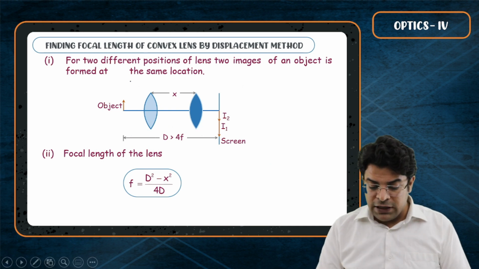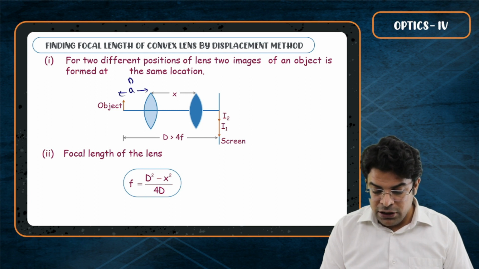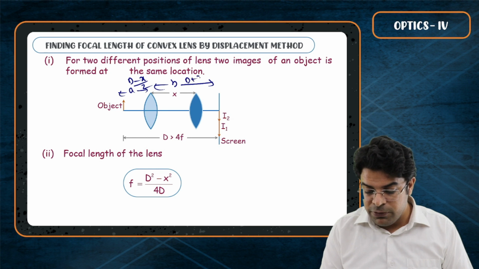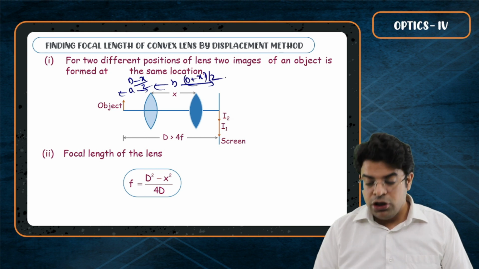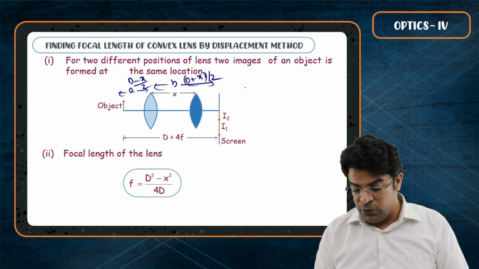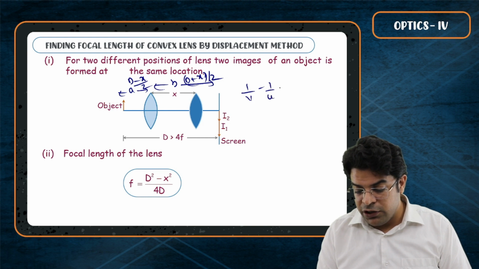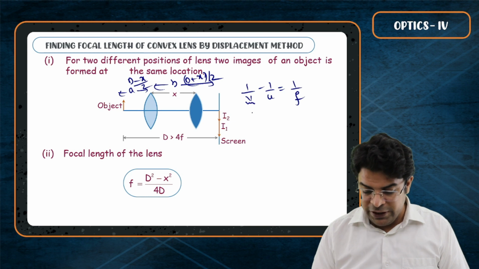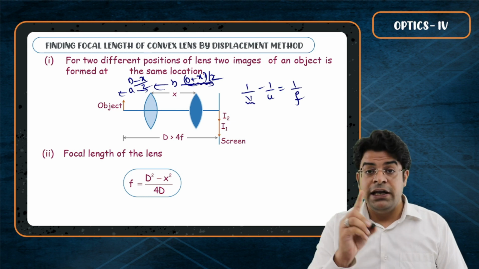Now once you know that A is (D minus X) by 2 and B is (D plus X) by 2, using the lens formula 1 by V minus 1 by U equals 1 by F, you can find the focal length. How? In place of V, you will substitute plus (D plus X) by 2.